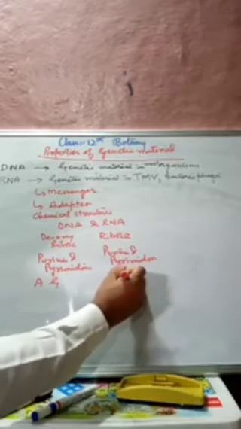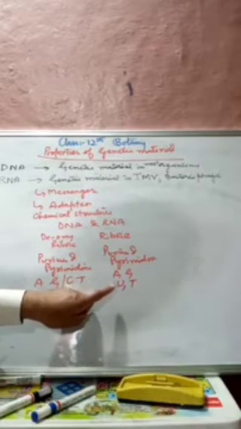Now see where the difference lies. In case of purines, we have adenine and guanine. They are present in both cases. And in case of pyrimidines, we have cytosine and thymine in DNA, while in RNA there is uracil instead of thymine.